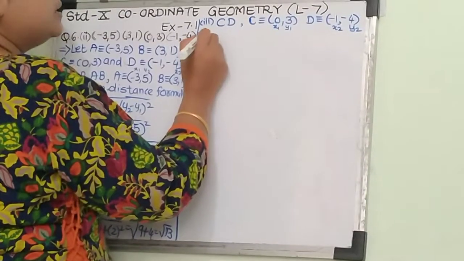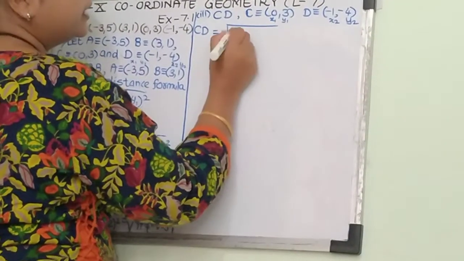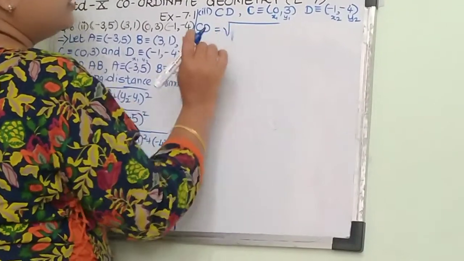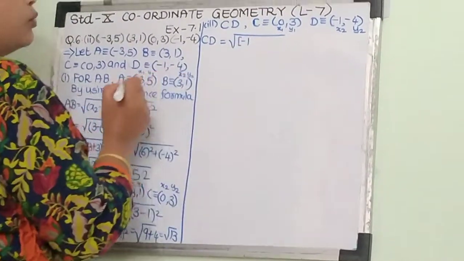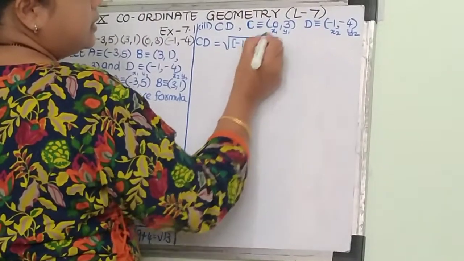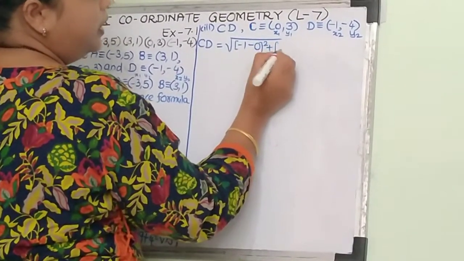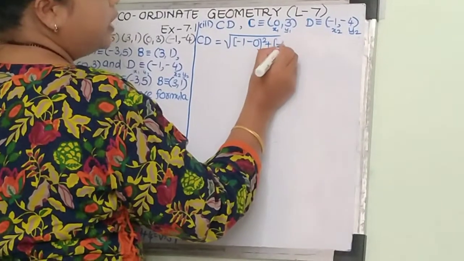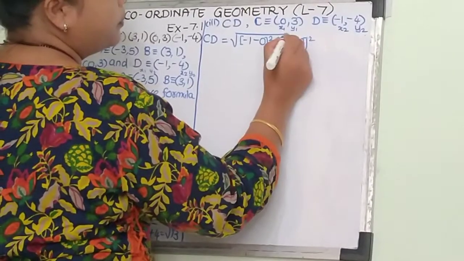So by using the distance formula, CD is equal to root of (minus 1 minus 0) square plus (minus 4 minus 3) square.